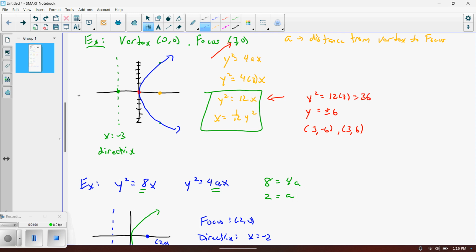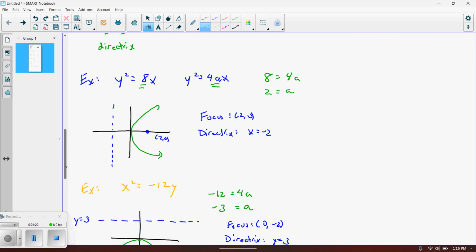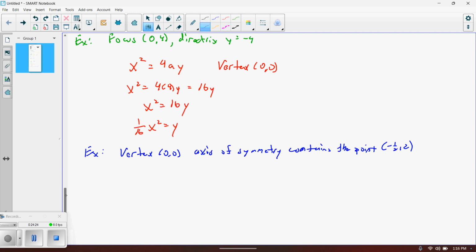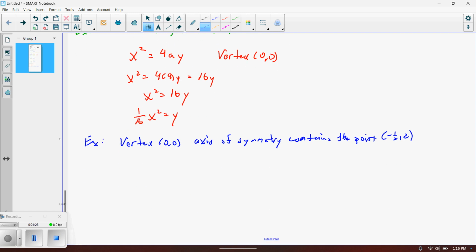The axis of symmetry goes right through the vertex. If I were to draw that dotted line right there and fold the graph over the axis of symmetry, it would be exactly the same either way you fold it. That's because it's a symmetric equation, not a function. So the axis of symmetry basically cuts right through your vertex.